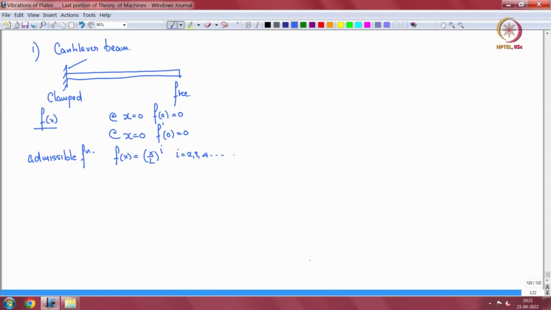Definitely at x equal to 0 it will be 0, and because i is 2, one derivative will still contain x, and that at 0 will be 0. So these are admissible.